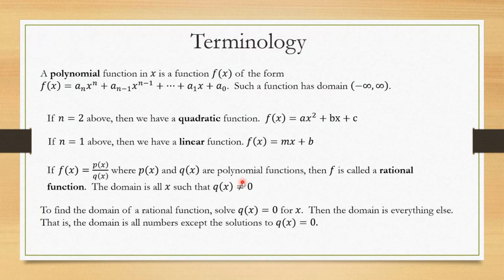This kind of function here is a polynomial function. And basically, it's what it sounds like. A function is a polynomial function in x if the function, I'm going to call it f of x, that's how this is read, remember, f of x, not f times x, is equal to a polynomial in x.